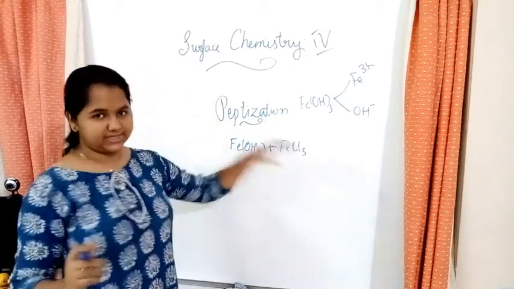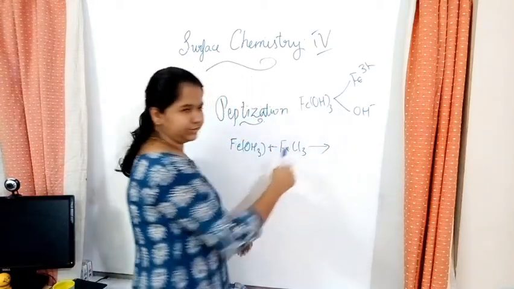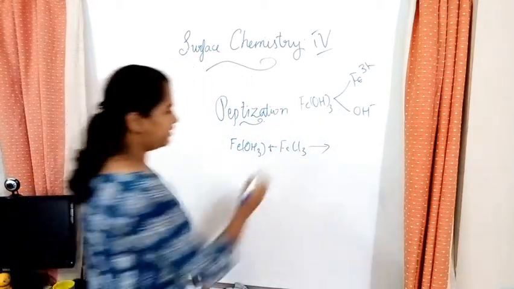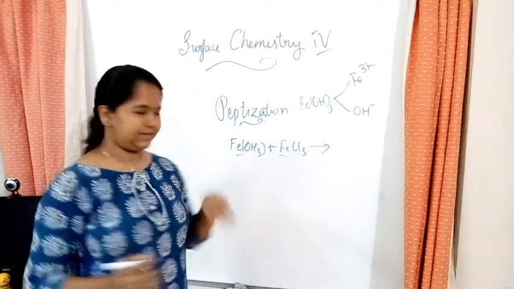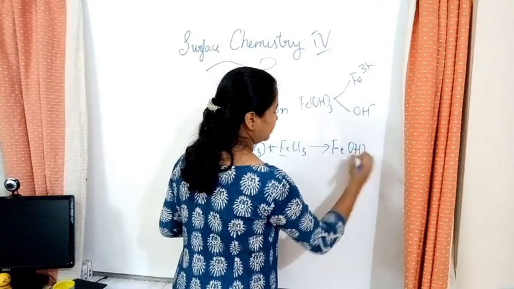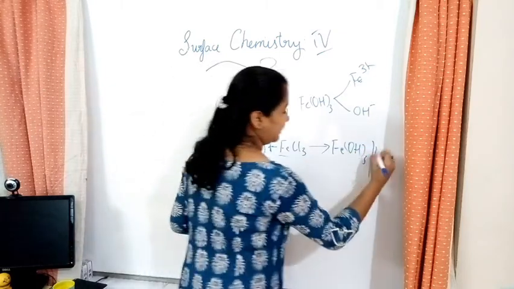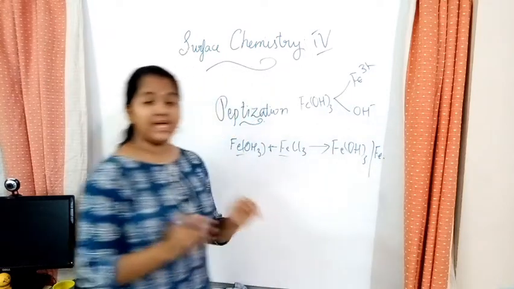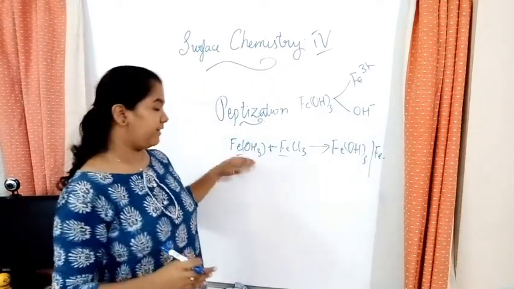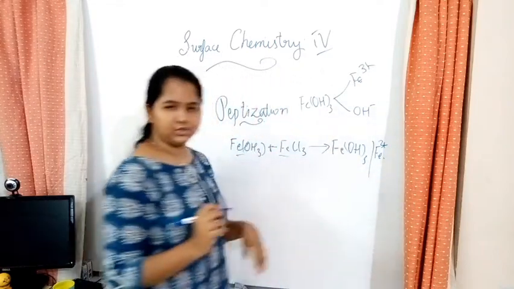I will show you the example so you'll understand it better. Over here it is like this, FeCl3. Which is the common ion over here? Fe. So Fe will get absorbed. So we will write it as FeOH thrice slash Fe. And I told you there are charges. What is the charge of Fe? Fe is 3 plus, so there is a positive charge over there.